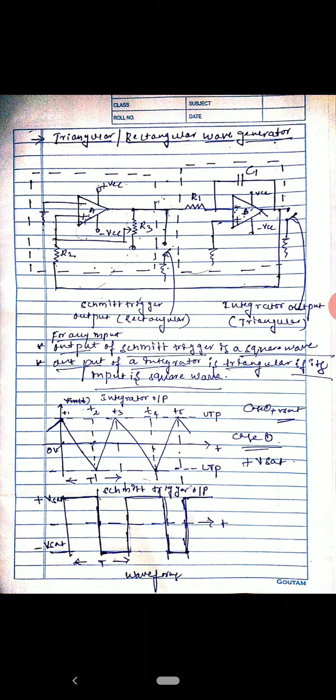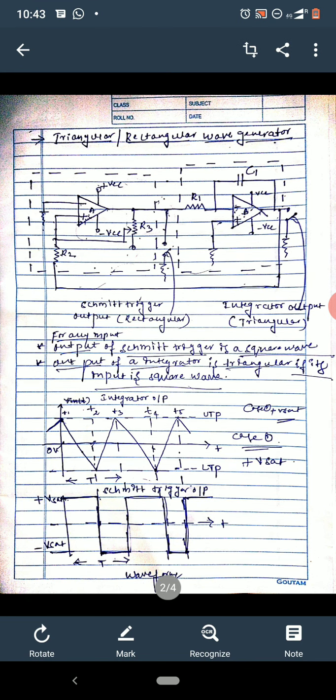In simple words, if you consider case 1, the output of the Schmitt trigger is positive V saturation. You can observe where the positive V saturation is in the waveform diagram. In a square wave you can see the high level is positive V saturation and the lower level is minus V saturation in the timing diagram.